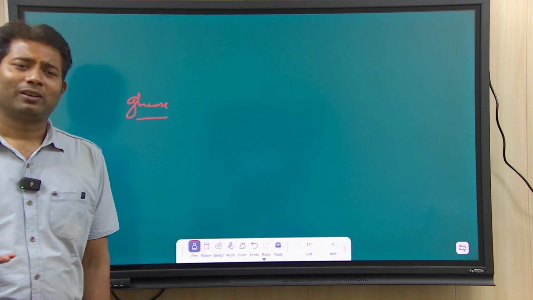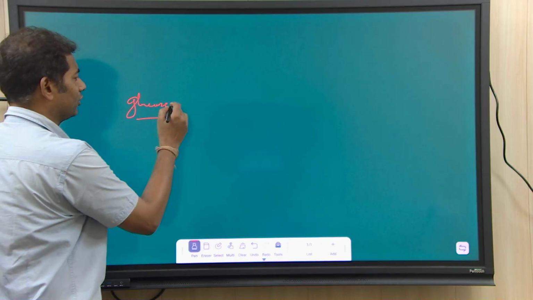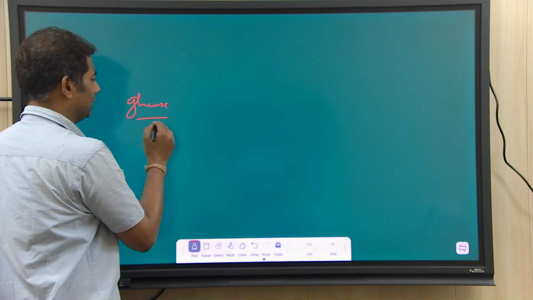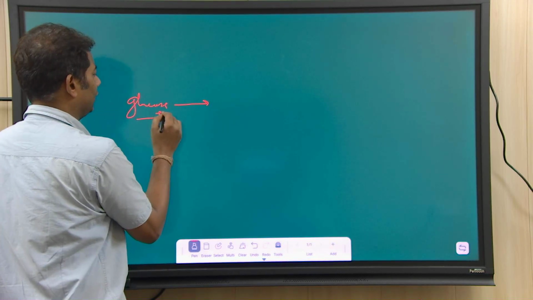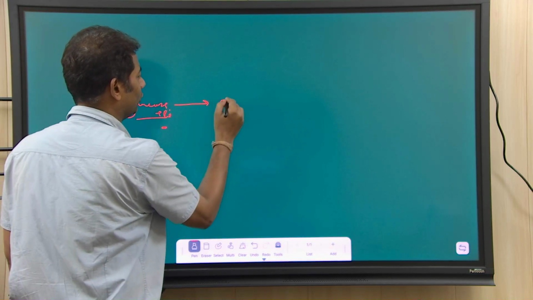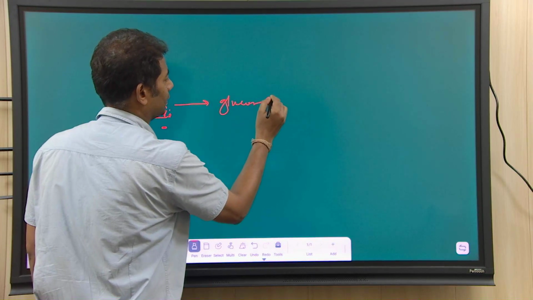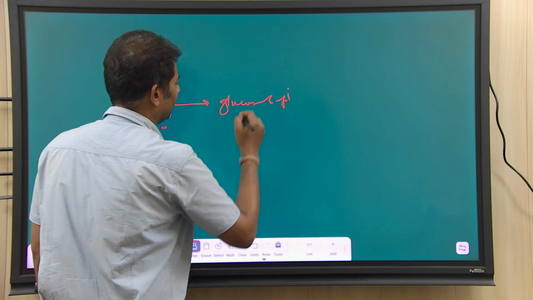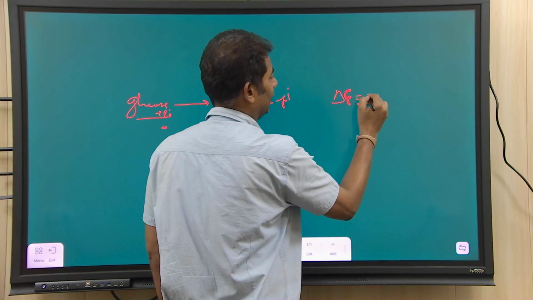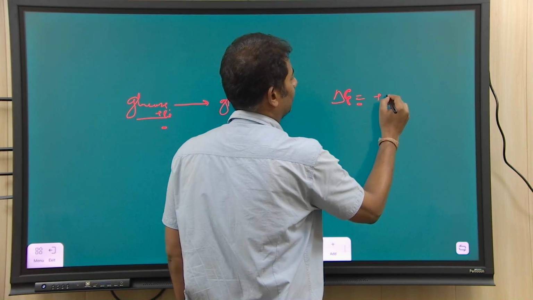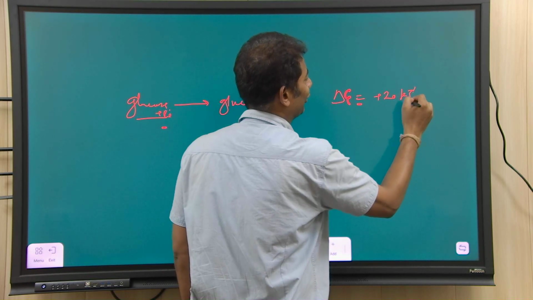The first chemical reaction of glucose catabolism, that is glucose plus phosphate to glucose 6-phosphate, is a non-spontaneous reaction because the delta G is plus 20 kilojoule per mole.